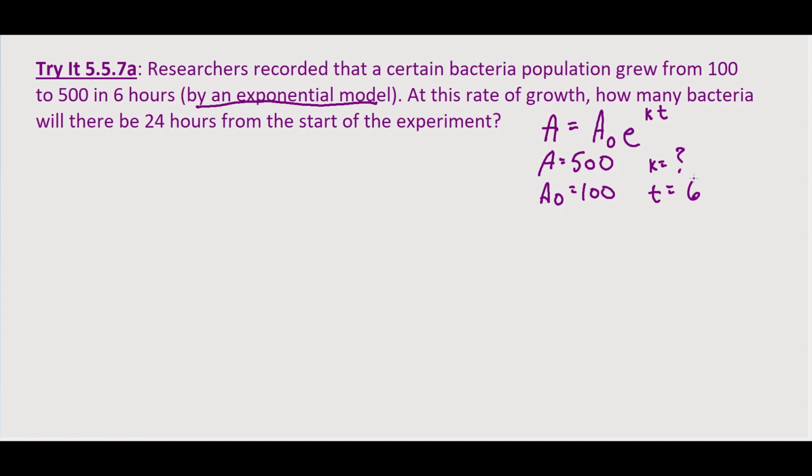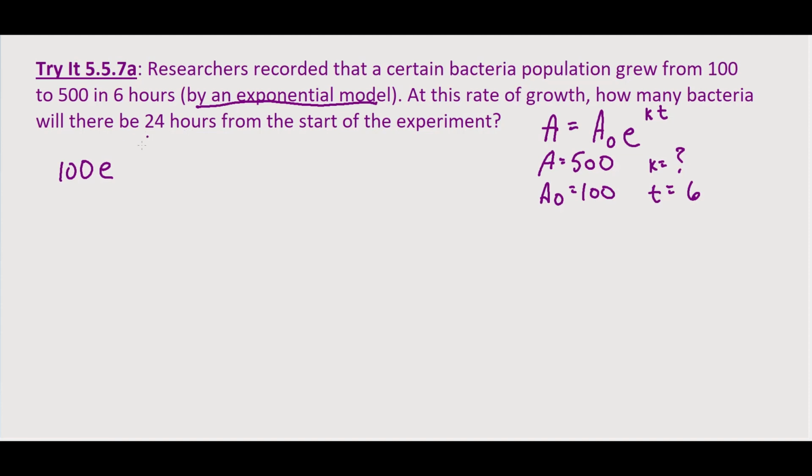So first off, let's substitute into A equals A naught times e to the KT. We're going to switch sides. A naught is 100, so we end up with 100 times e to the KT.